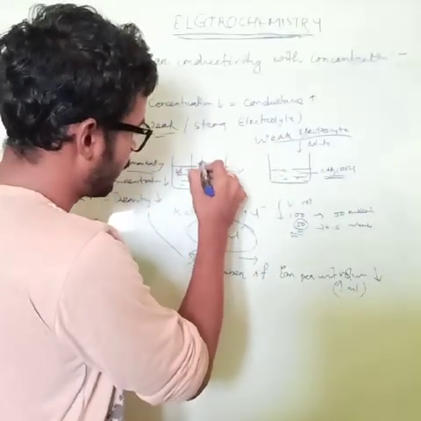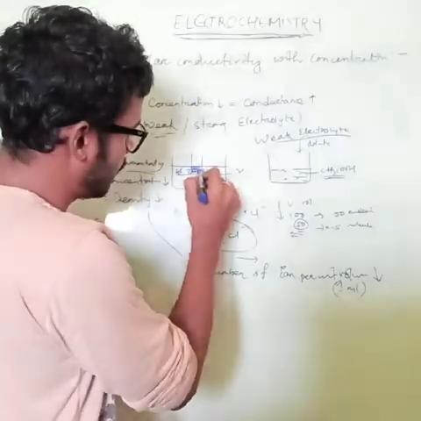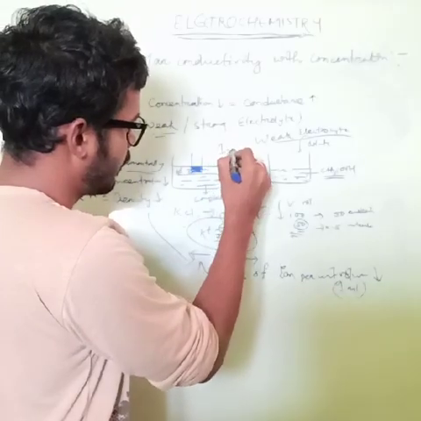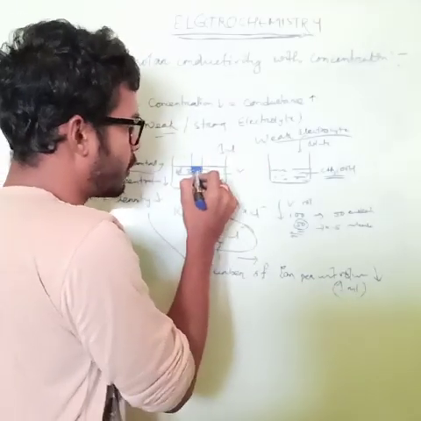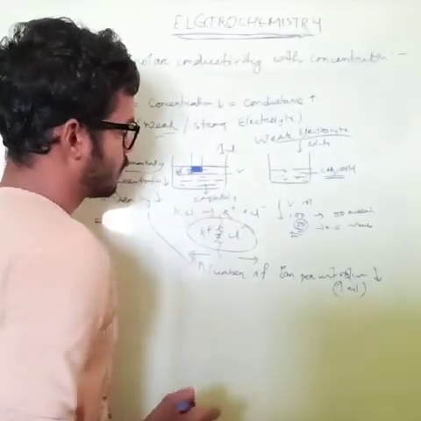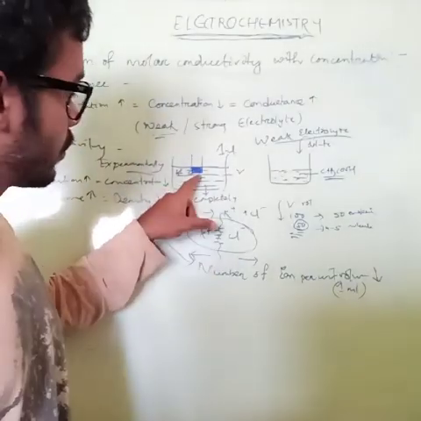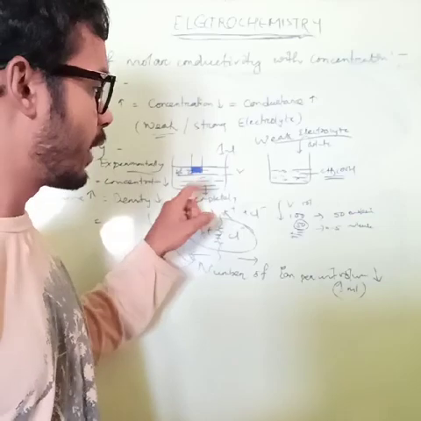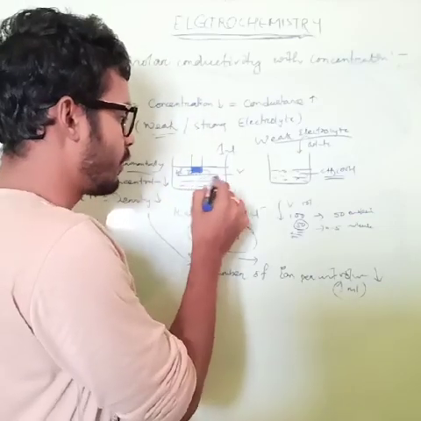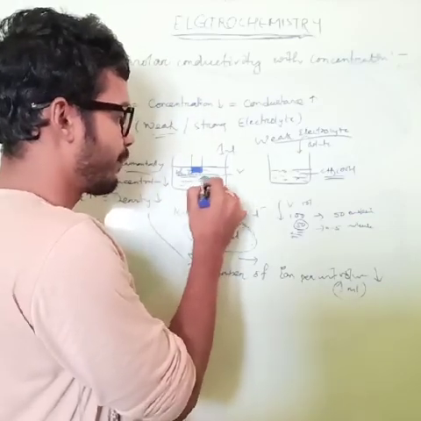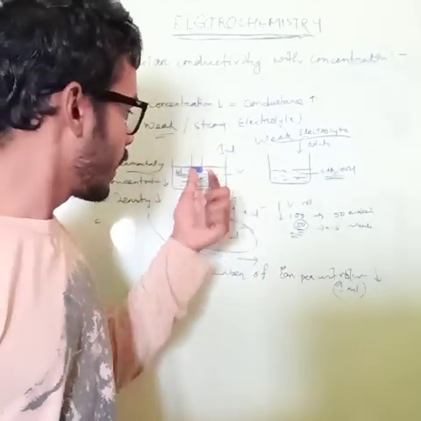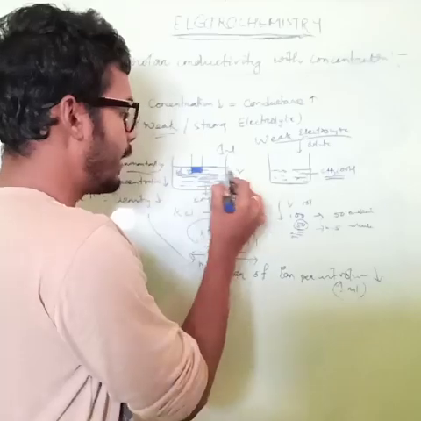Suppose here you have taken 1 ml and you are diluting it. So the ions present in this 1 ml, if you dilute it, they will move outwards, and obviously in a fixed 1 ml the number of ions will be less.